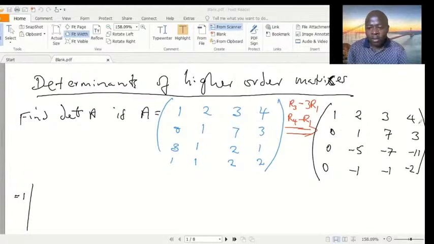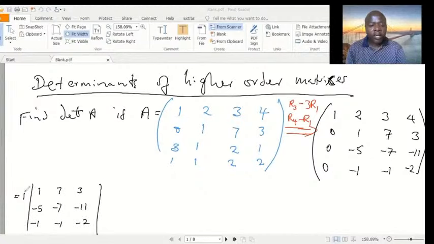When you delete this row and this column, the matrix that remains is 1, 7, 3, negative 5, negative 7, negative 11, negative 1, negative 1, negative 2. This is the determinant of this matrix.